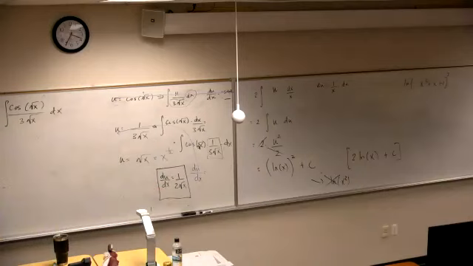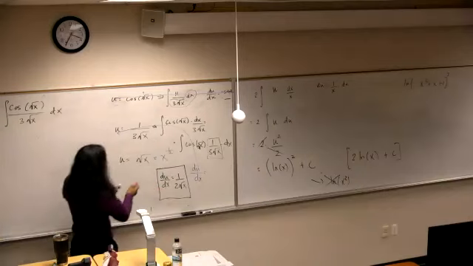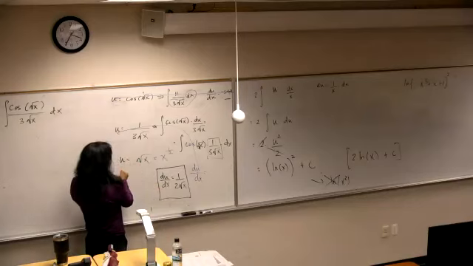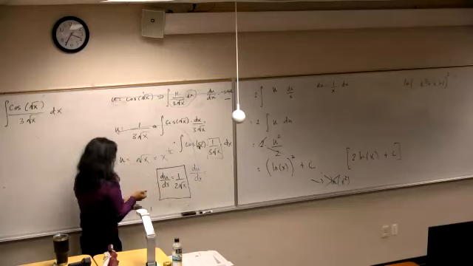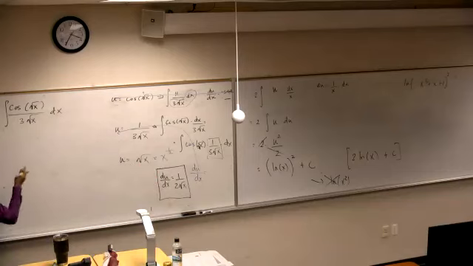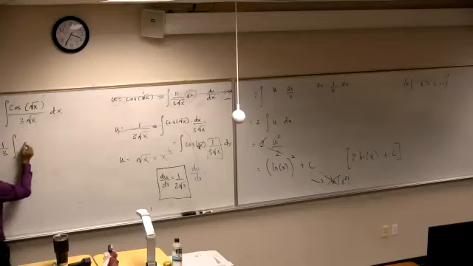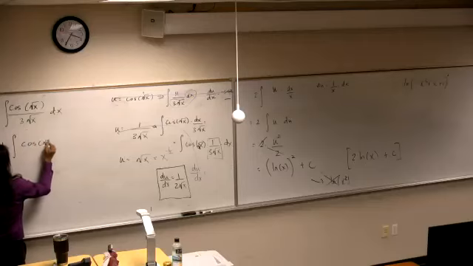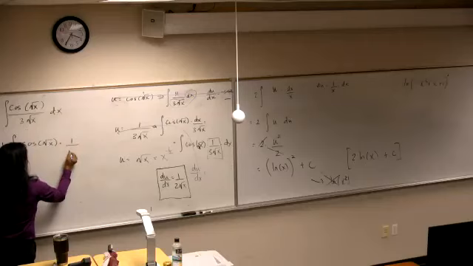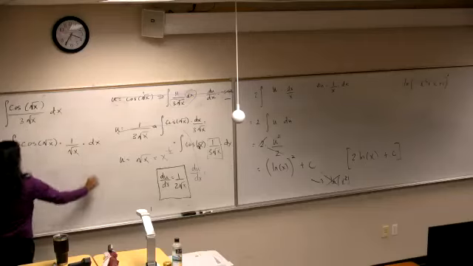Okay. Let's see if choosing root x to be u ends up giving du somewhere over here. Well, I'm going to pull 3 out: cosine root x times 1 over root x times dx.